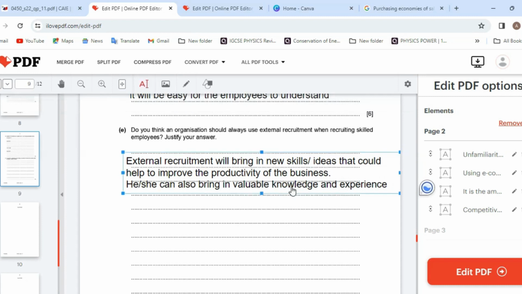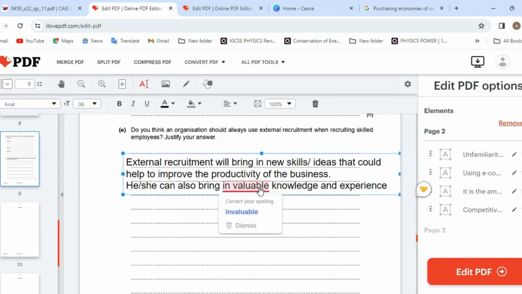Okay, that is not all. We have seen the advantages of recruiting from outside.